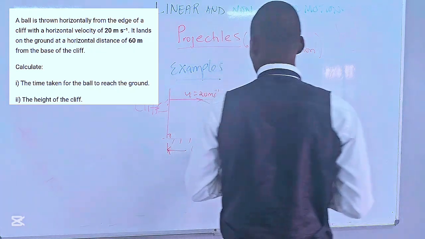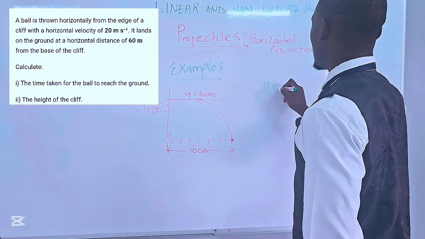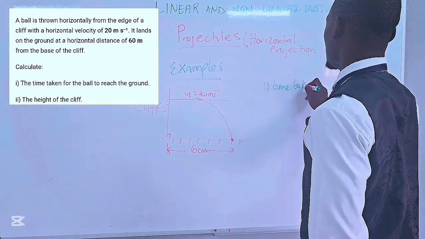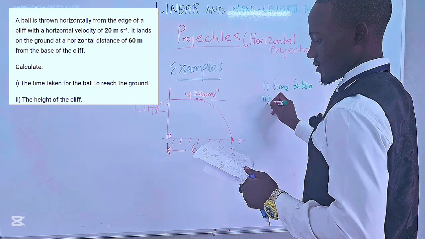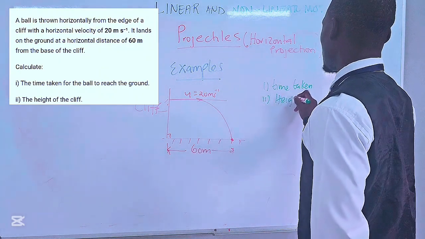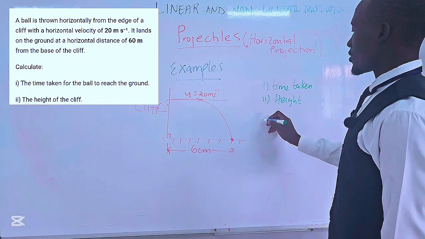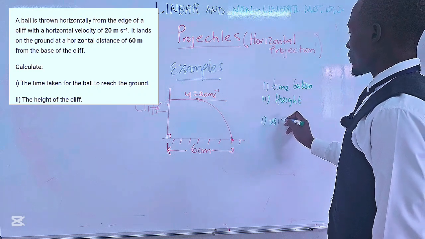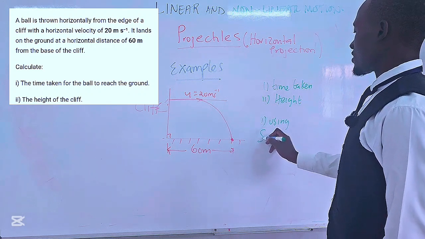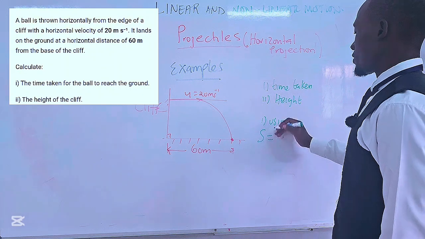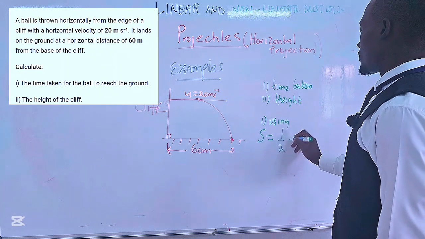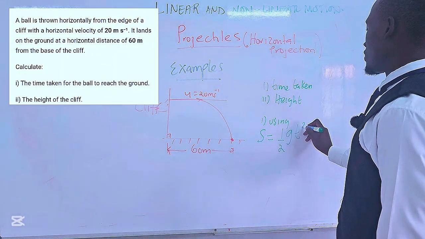Thus to calculate the time taken and the height. So if we need the time, I'm going to be using s = ut + ½gt².